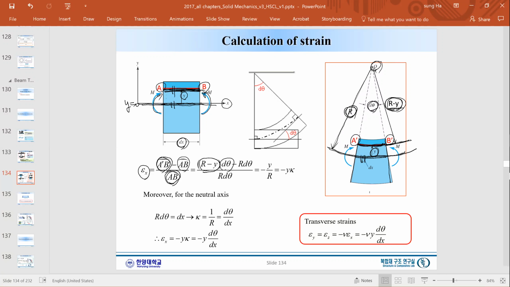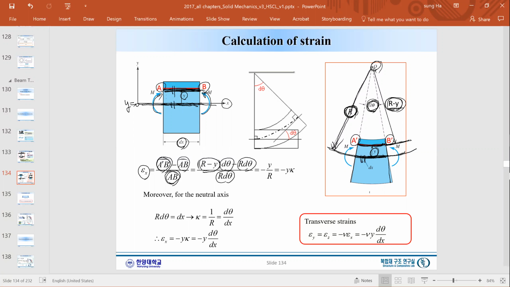And this length now can be represented as r, here is the radius, r times d theta. Again, this length is r times d theta, and that length is the same as that one. So before deformation, we can say r times d theta.